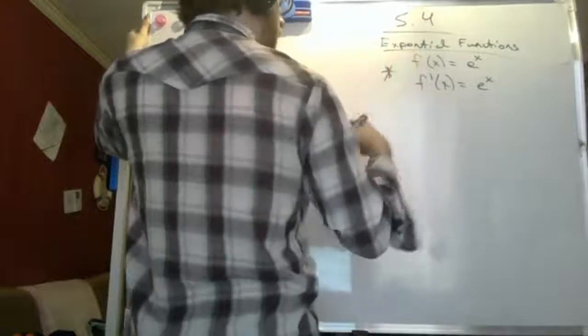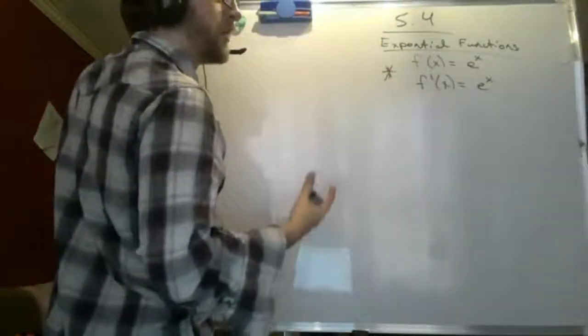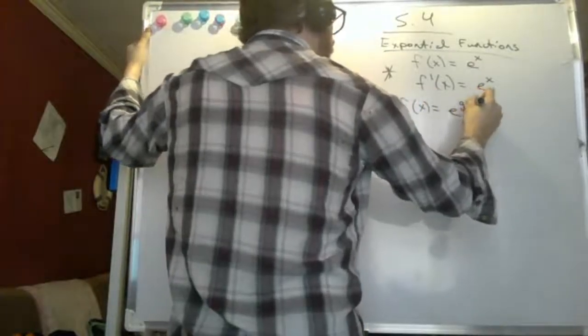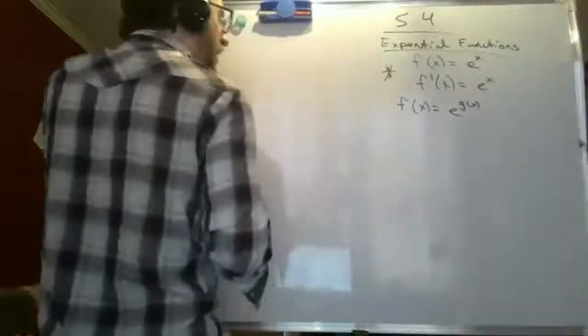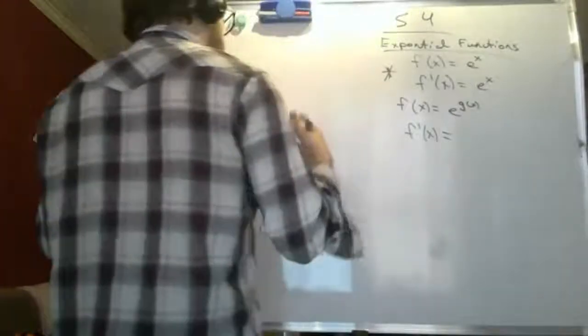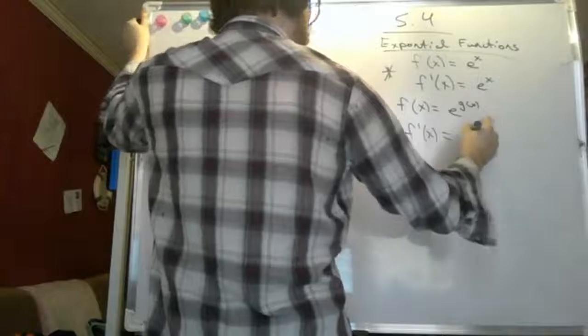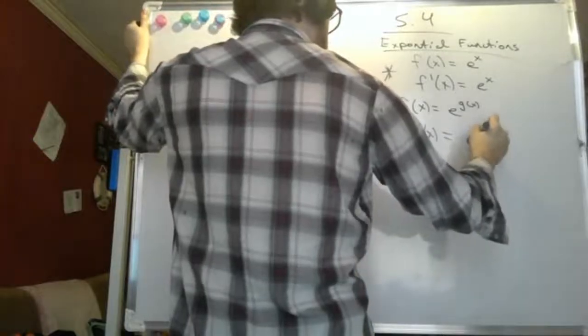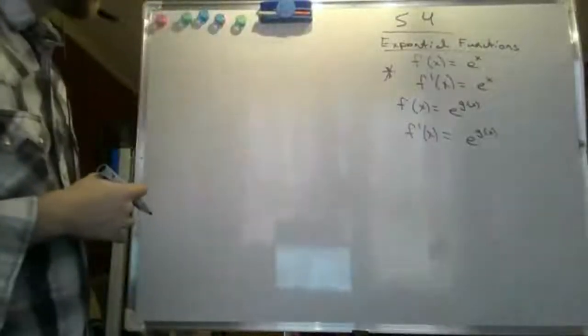But what does this mean for us? Well, if we think about it with regard to the chain rule, suppose we have a function that is e raised to the power of some function of x. By the chain rule, we take the derivative of the outermost part. The outermost part is e raised to this power, so we leave it alone for starters, and that's just e raised to the g of x power.